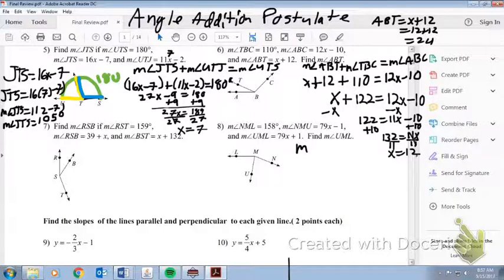So, onward. Looks like we're doing number 8. We have NMU plus UML equals NML. Let me go back a little bit and I'll erase that bottom part.